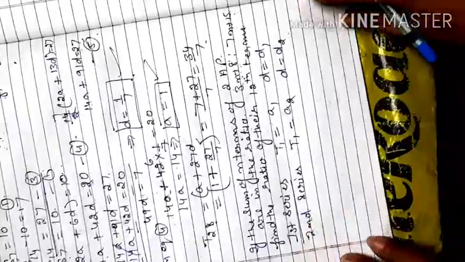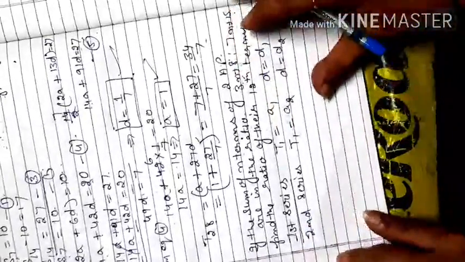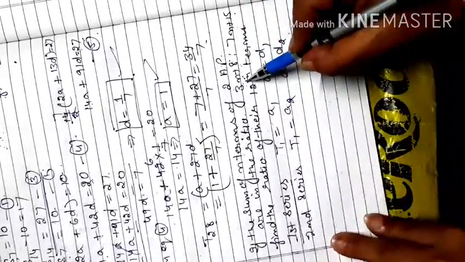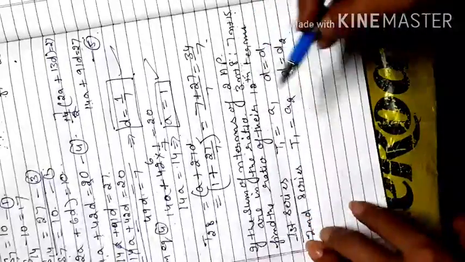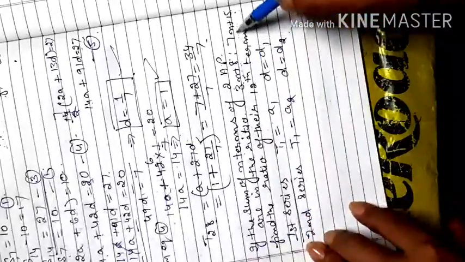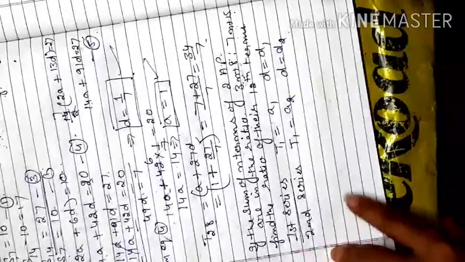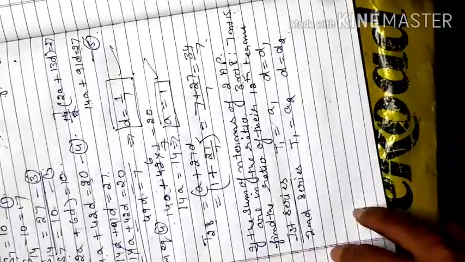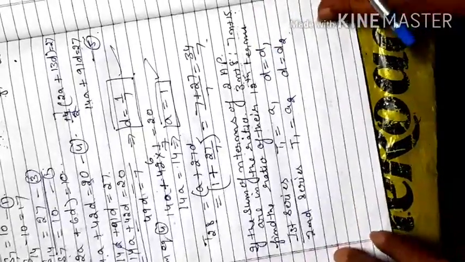The number of terms n is the same in both, and the ratio of the sum of n terms of the first series to the sum of n terms of the second series is given. You have to find only the 12th term ratio of the two series. Before that you will arrange what is given to you.